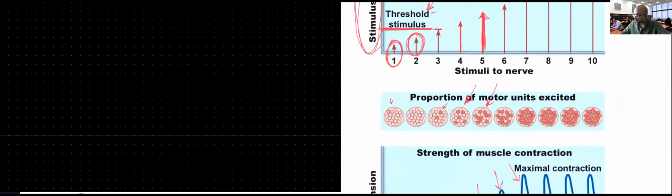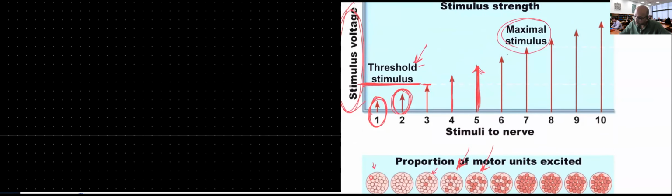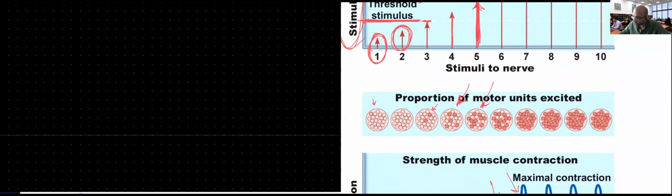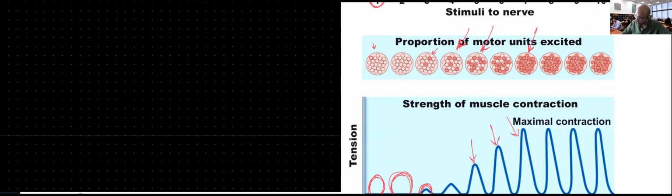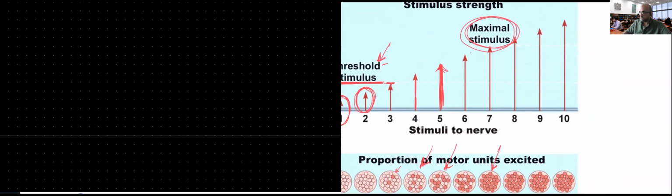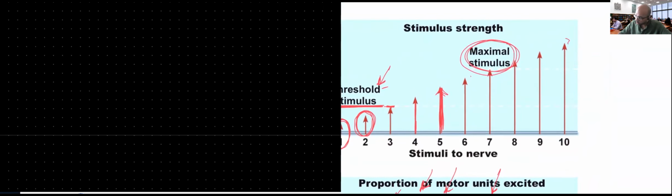Until when? Until I receive a maximal stimulus. Once you receive a maximal stimulus, all the muscle fibers in your muscle are going to be recruited. All the muscle fibers are going to be recruited. And this will allow you to reach the maximal tension by the muscle. This is the maximal contraction that you can create. What if you've given me a stimulus greater than the maximal stimulus?